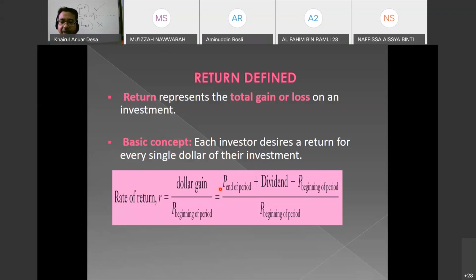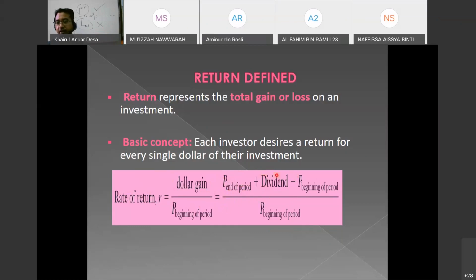Alright. This is the basic concept how we measure the return. So kalau you nampak sini, end of the period price plus dividend if any.